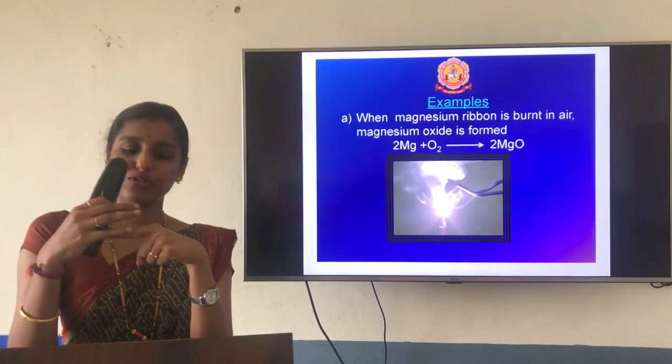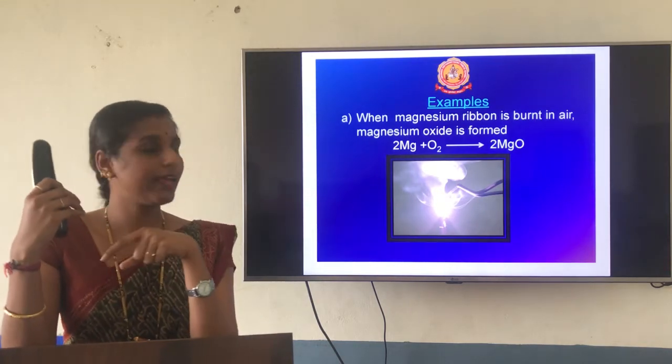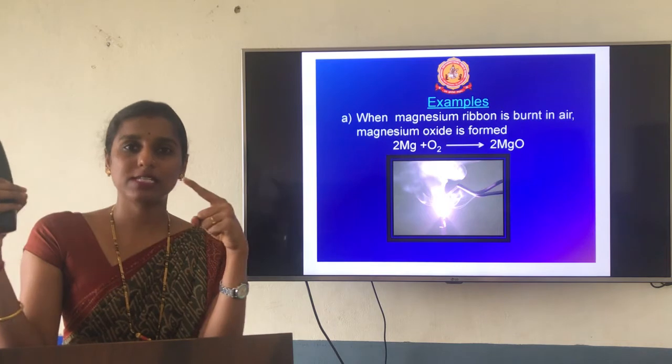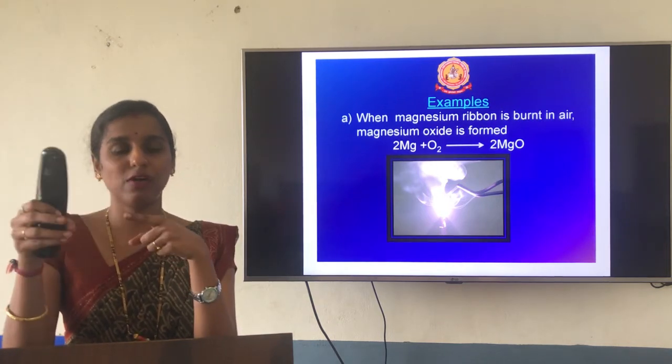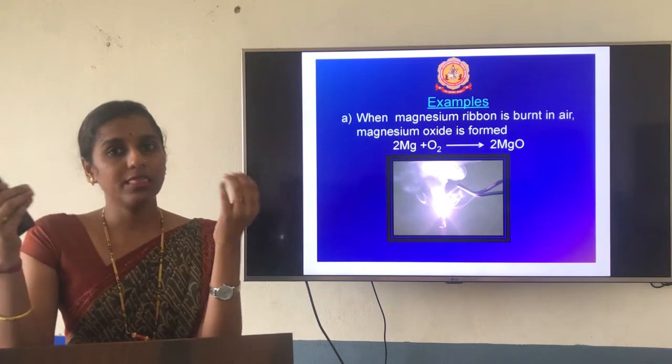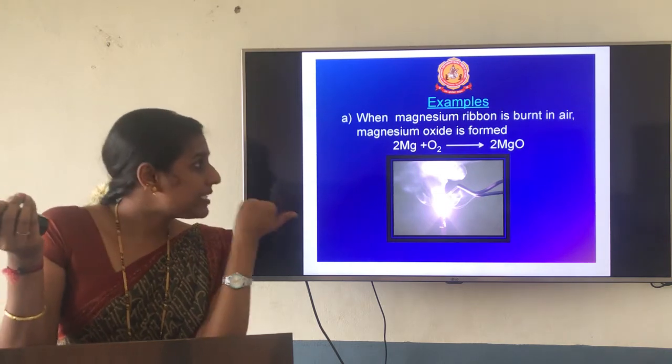So what are you supposed to do? You are supposed to remove the oxide layer by rubbing the magnesium ribbon with sandpaper, and then you can go with this experiment.